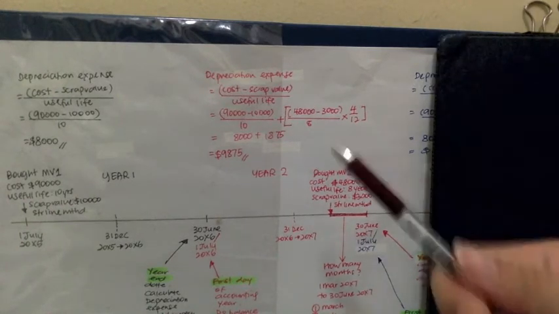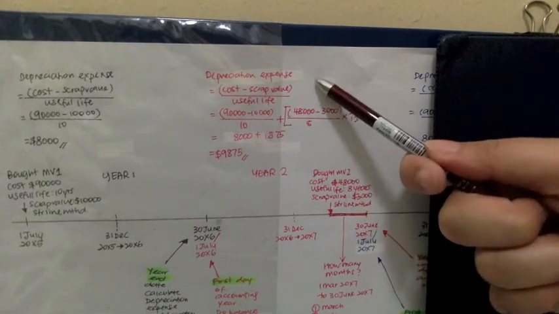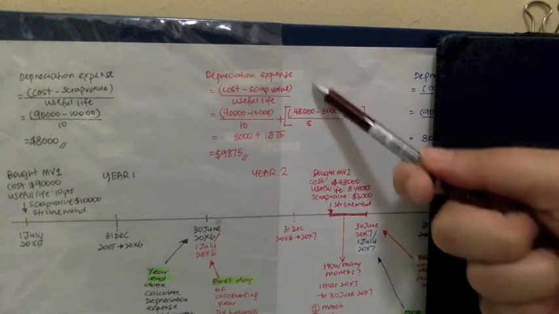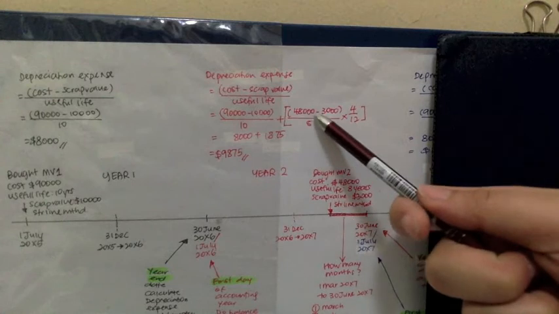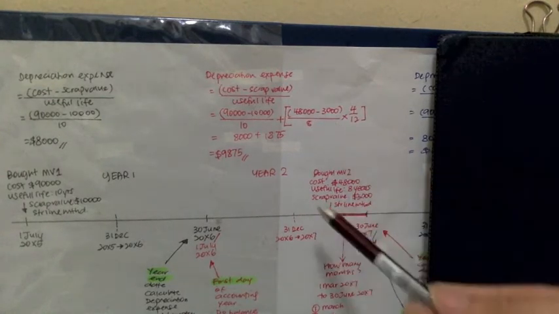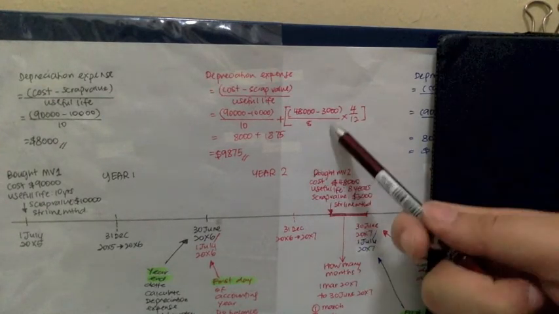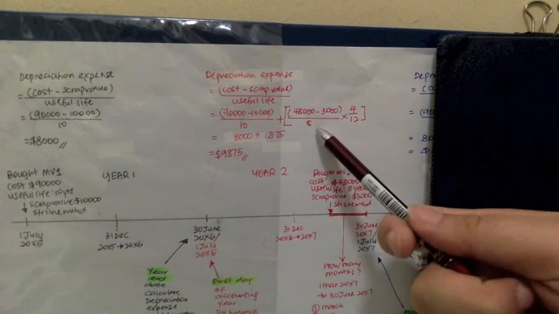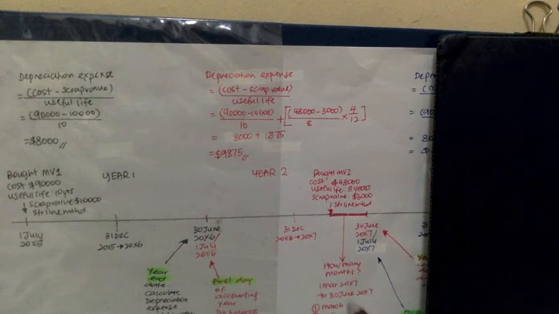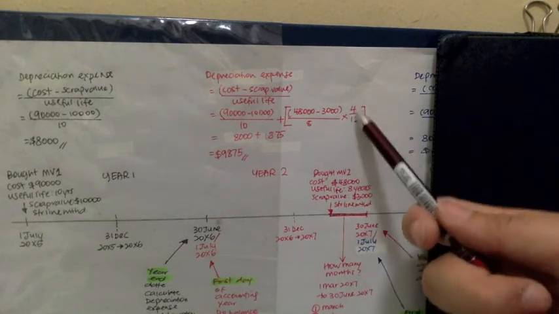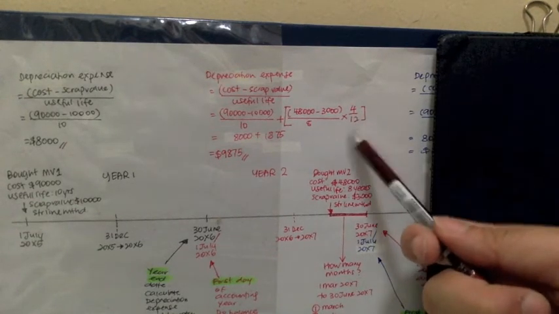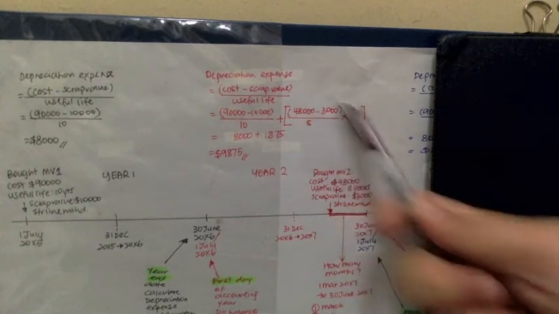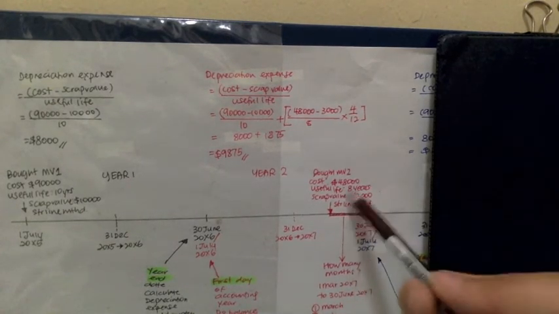We use the formula again: 48,000 minus 3,000 scrap value, divided by the useful life of 8 years. Because we calculate 4 months, we prorate it by 4 over 12. This is how you find the depreciation for motor vehicle 2.